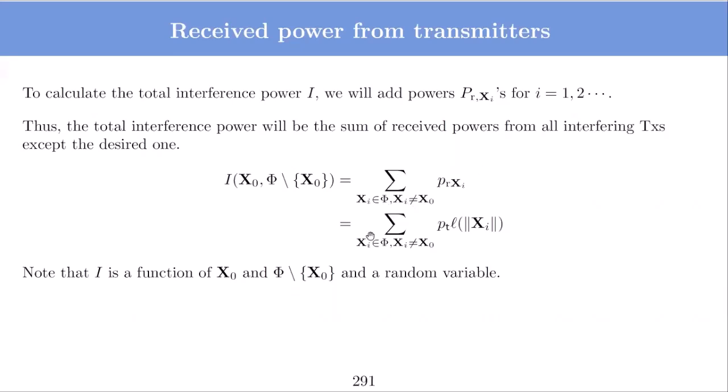So this will be given as PT into C norm of xi to the power minus alpha. Here interference is a function of x0 and the rest of the point process: x0 because we have to exclude that point, and phi minus x0 because this is a function of the whole point process without x0.